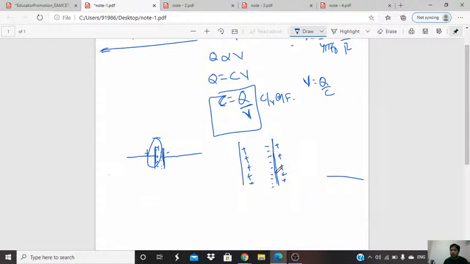Now connect this plate to earth. The charge moves towards the earth and electrons move towards the plate. After that, the positive and negative get neutralized, so finally only the negative charge remains. That means the potential has decreased. Negative means lower. So potential decreased means capacitance is increased.